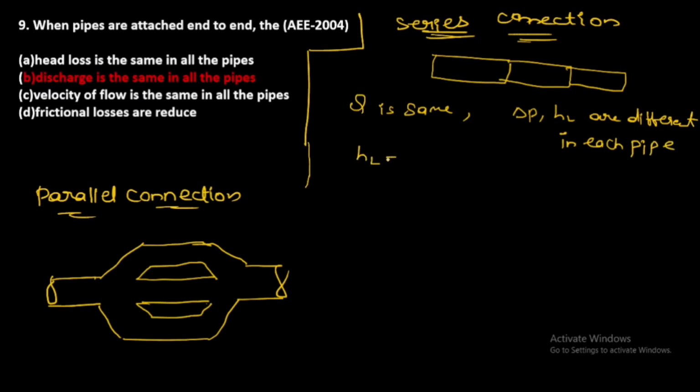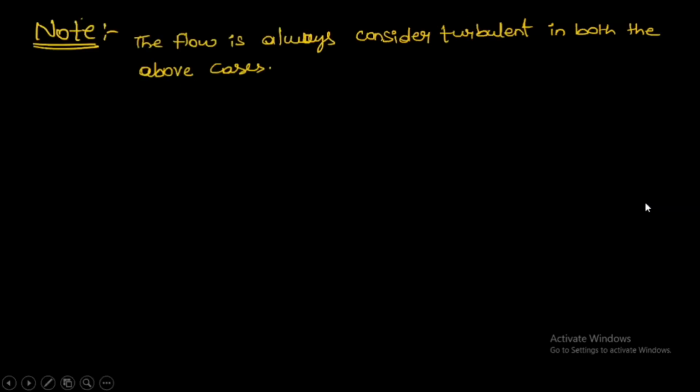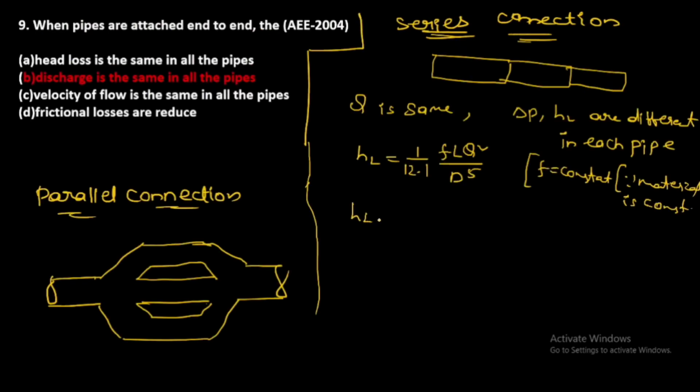We know that HL is equal to 1 by 12.1 F L Q square by D power of 5, where F is constant, since the material is constant for all the pipes. Here head loss is different, therefore total head loss is equal to HL1 plus HL2 and so on.